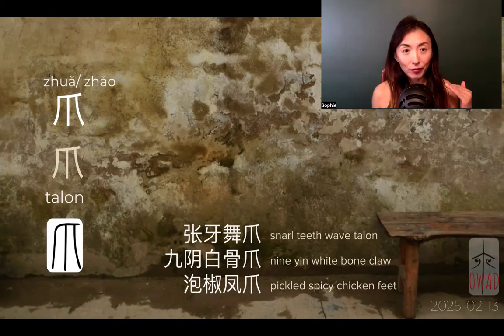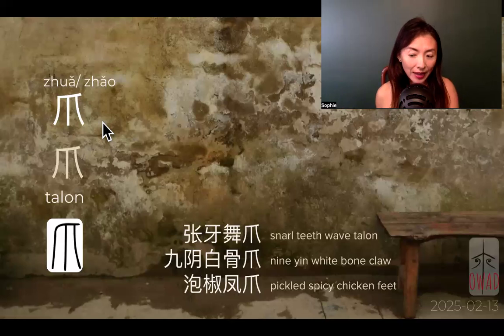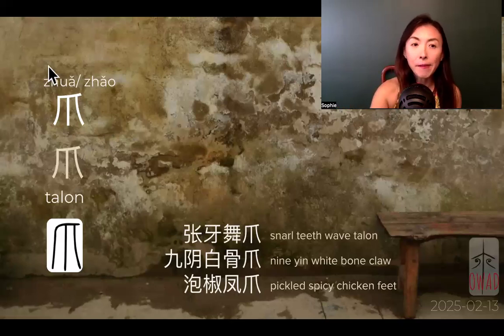So 爪 or 爪, there are actually two pronunciations. I guess this character got a little bit complexity or non-linearity of how it would evolve and get into our language paired with other words and carry on different meanings, even different pronunciations.